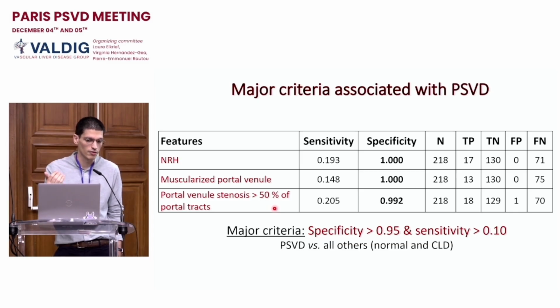Knowing that we have no chronic liver disease in this population, we also used a higher threshold, so we have two thresholds of portal vein stenosis. So these are the three major criteria that were associated with PSVD, with relatively low sensitivity when taken alone.